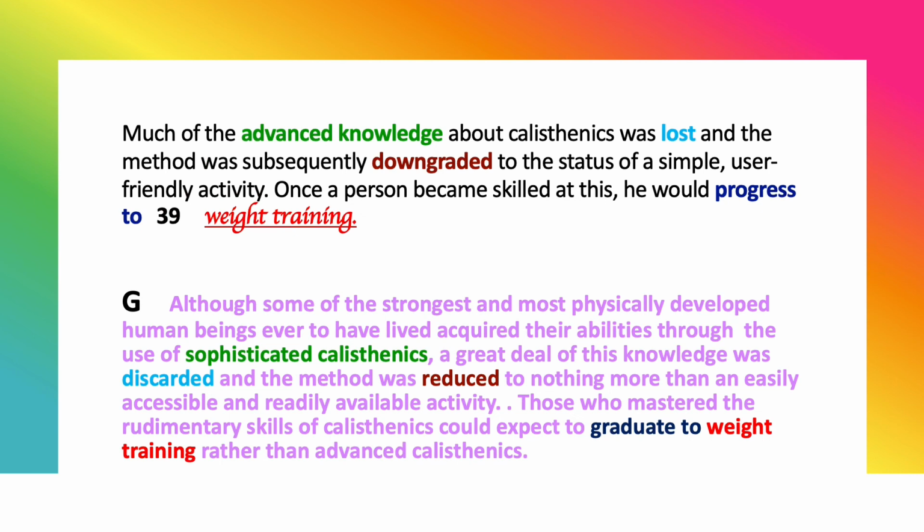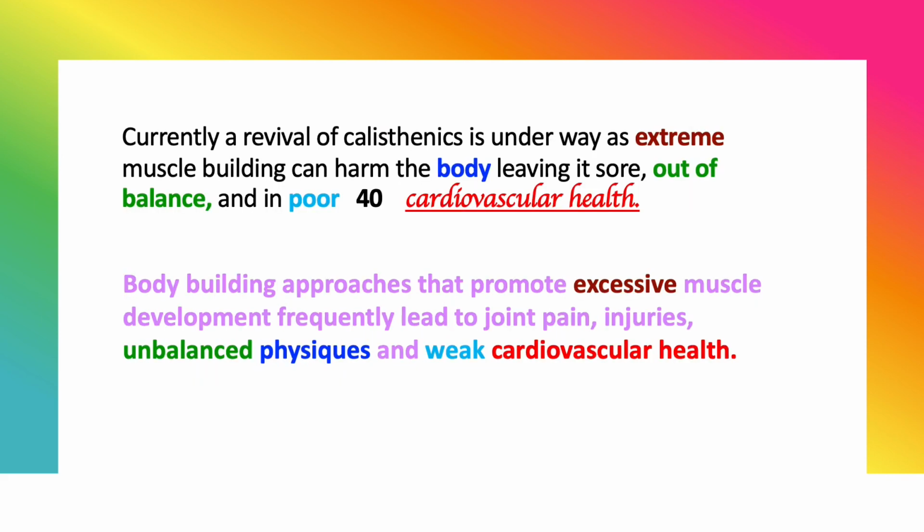Question 39 talks about losing, downgrading, and progressing. So you can find the synonyms discarded, reduced, and graduate. So stop at that spot and scan carefully to grab the correct word or phrase. You will find weight training as the answer.